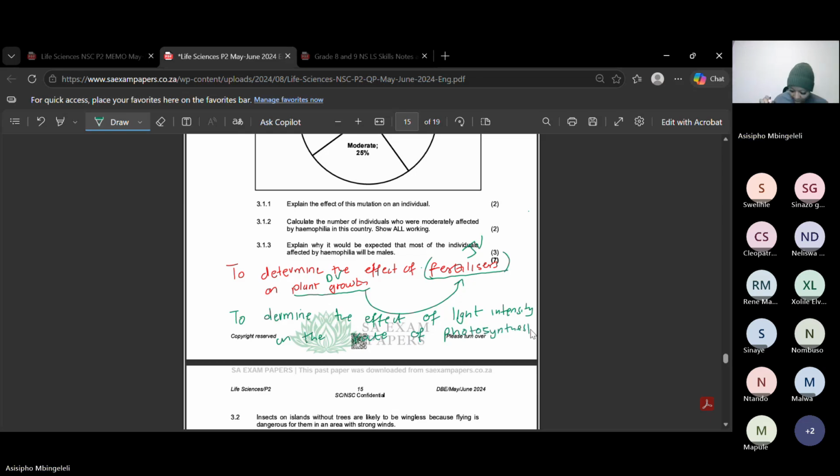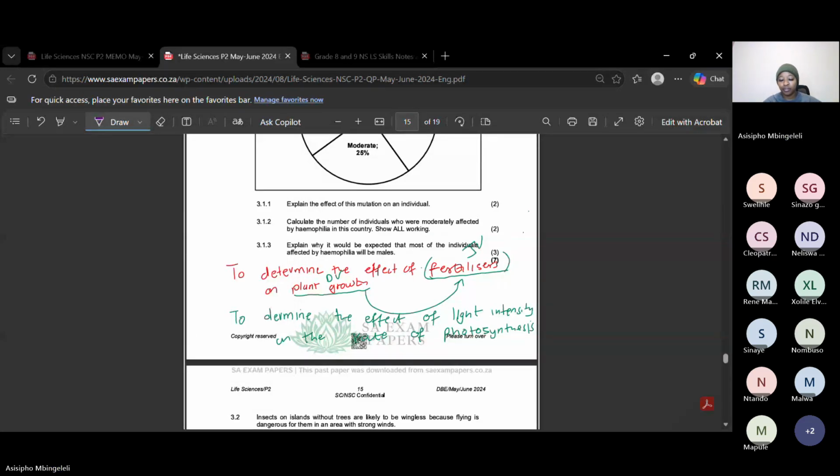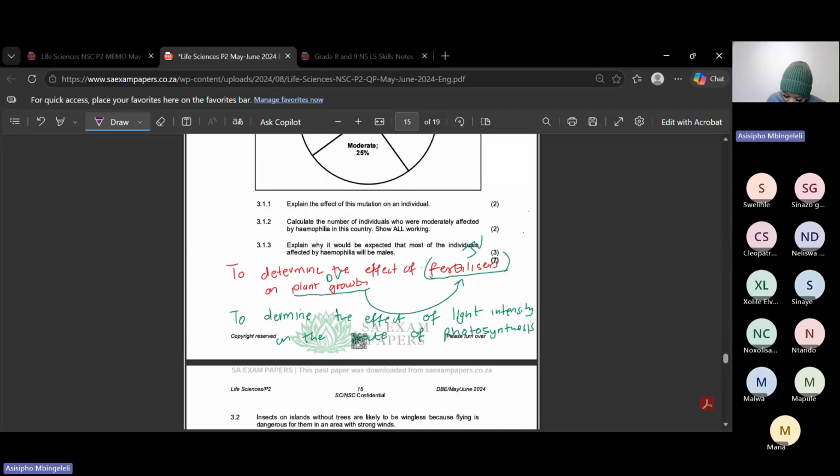Aim 2: scientists wanted to determine the effect of light intensity on the rate of photosynthesis. I need variables. I need independent and dependent there. Anyone? Independent: light intensity. Thank you. And your dependent? It's the rate of photosynthesis.